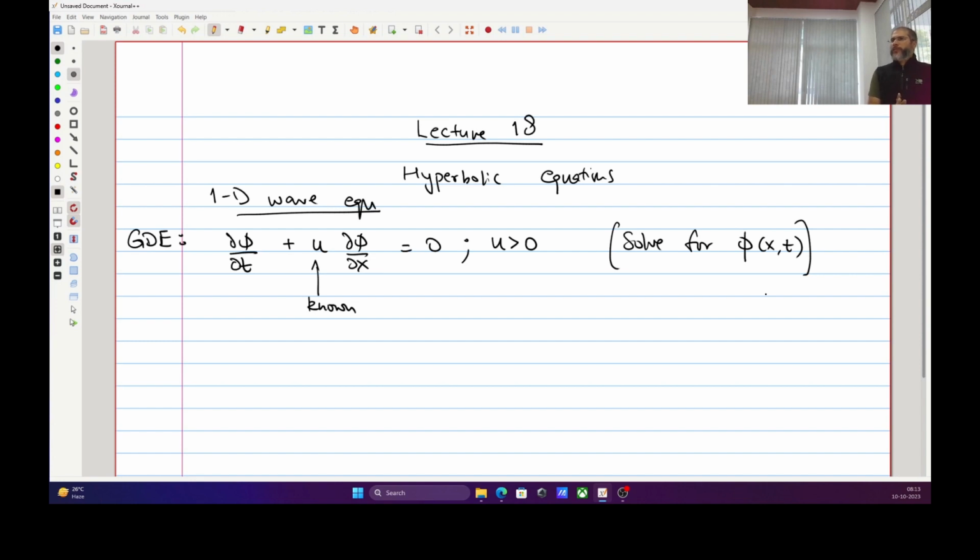If you're talking about two spatial dimensions, then you would have u as a vector. But just to keep things simple, we'll start with u as a scalar. And x in this case ranges over the complete real line, so x could be positive or negative. Time, of course, is always positive.